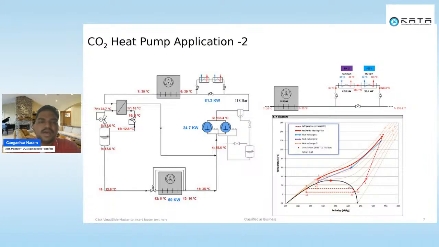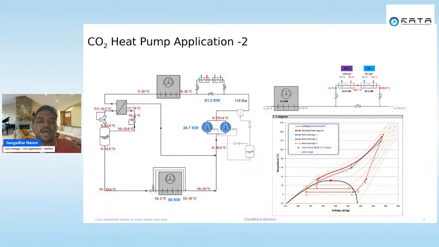Generally they have a requirement of 55 to 60 degrees hot water for their floor cleaning, mess cleaning or different process requirements, and they also require 120 degrees hot water for their IQF applications, where they are cooking or processing shrimps or fish. All this requires 120 degrees hot water also.